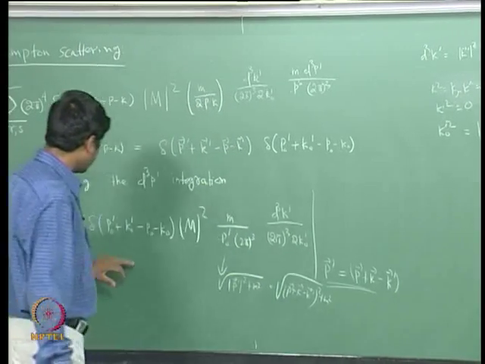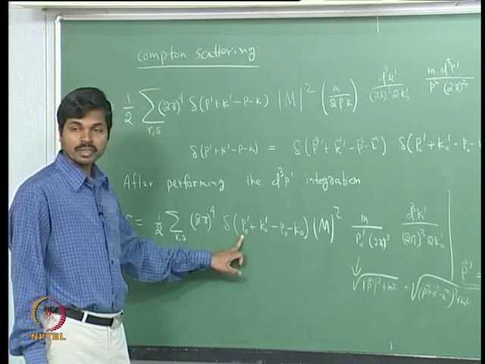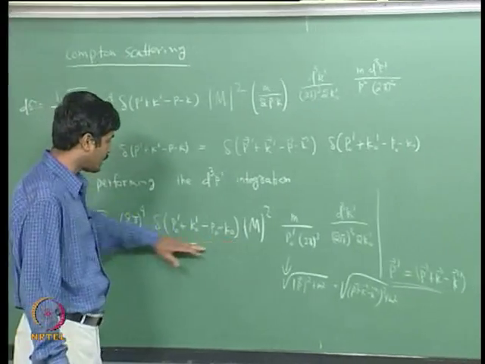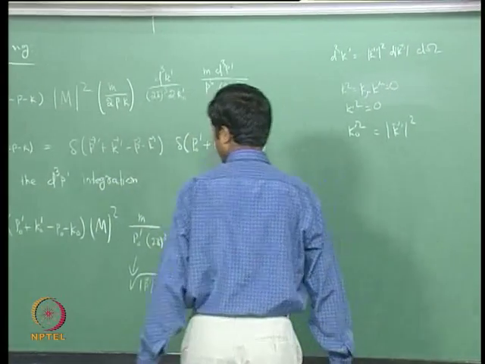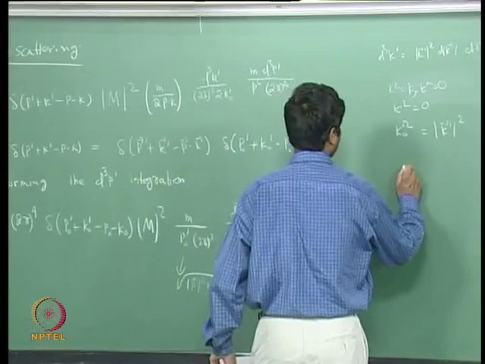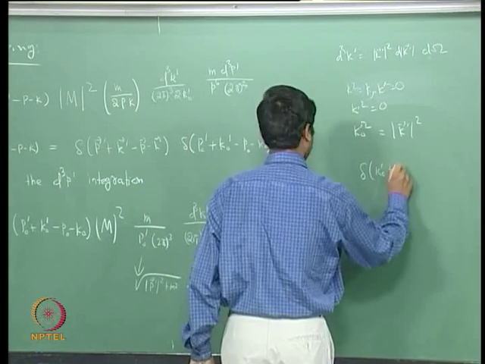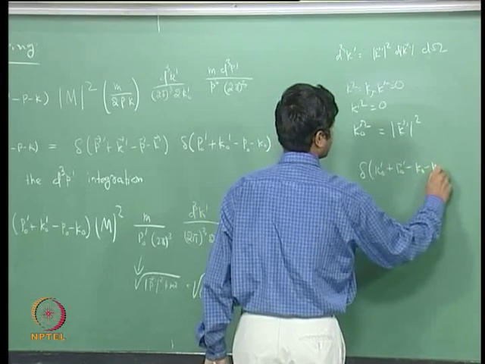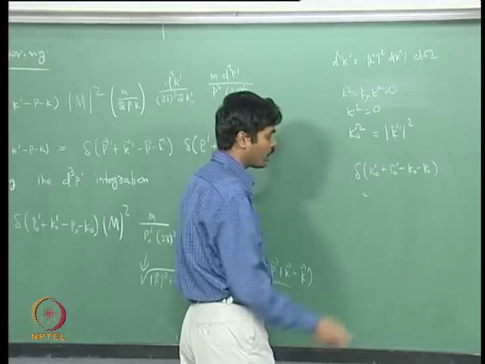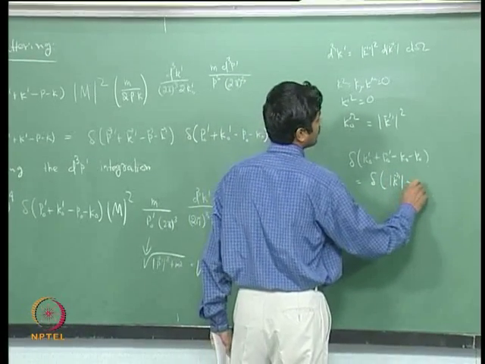Then you also have to keep in mind that this p0 prime, in the delta function, delta of k0 prime plus p0 prime minus k0 minus p0, is not of this form, delta of mod k prime minus some a.